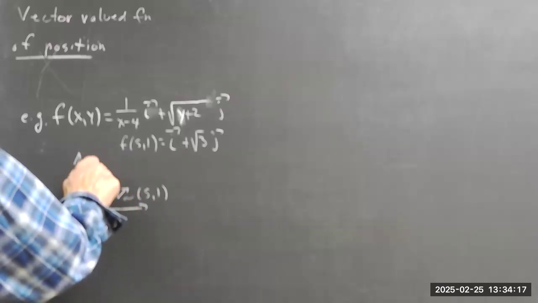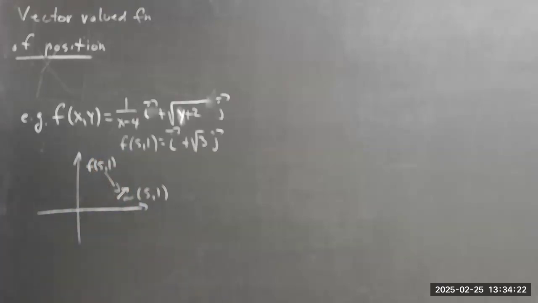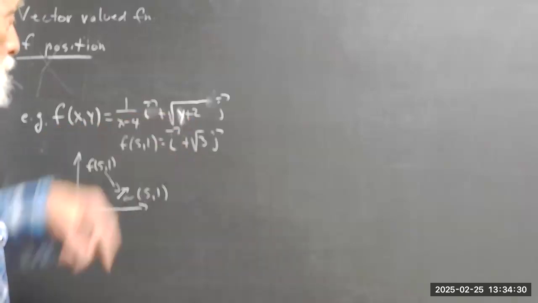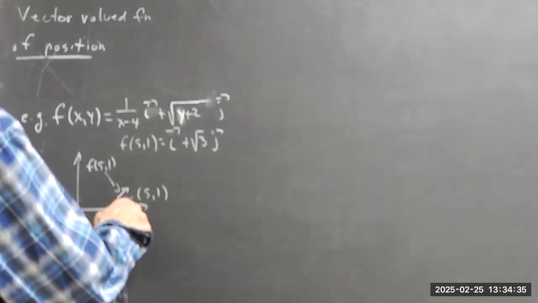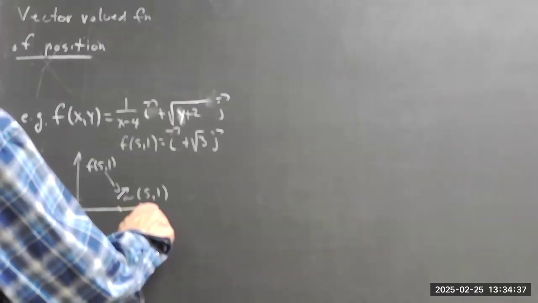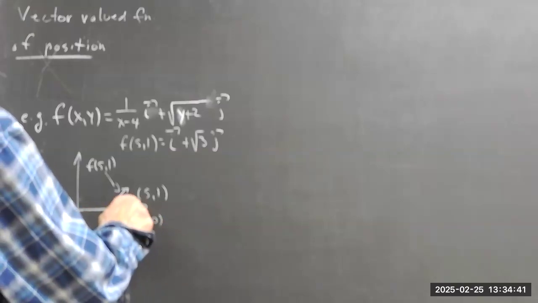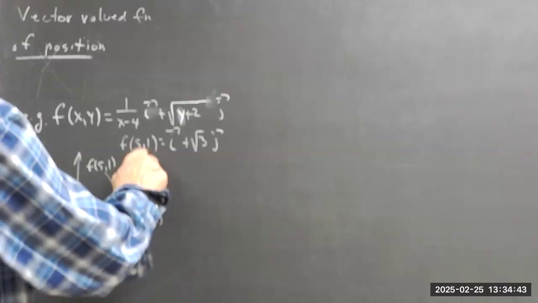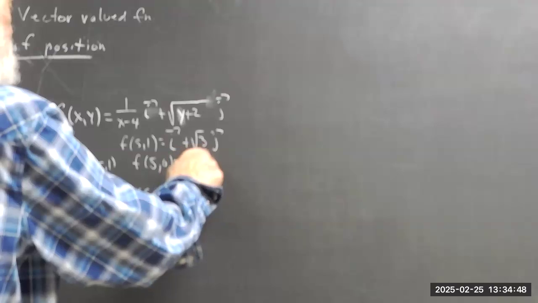This vector is f of 5, 1. Okay. Now, if we let x equal 5 and y equal 0, well, that's going to get us at the point 5, 0. And the vector is going to just be i.